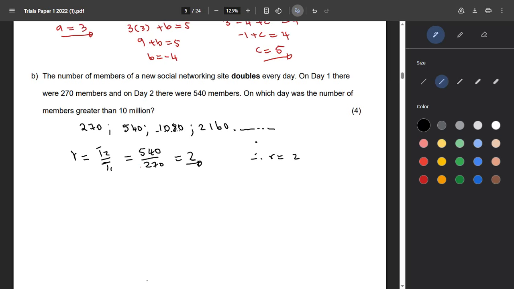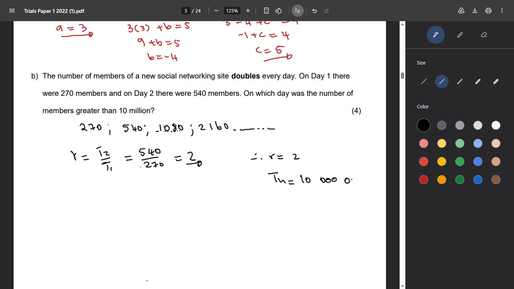Okay, what is the question asking? On which day was the number of members greater than 10 million? To answer this, they are looking for n. Your Tn is 10 million. How many zeros?